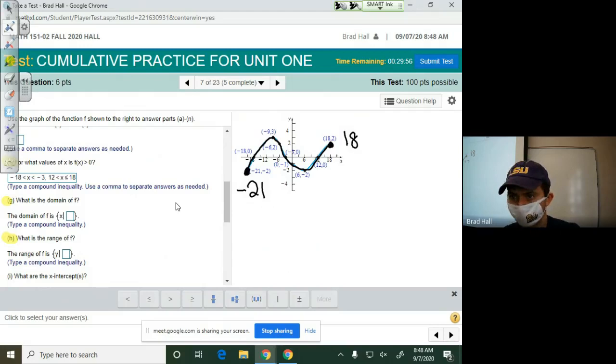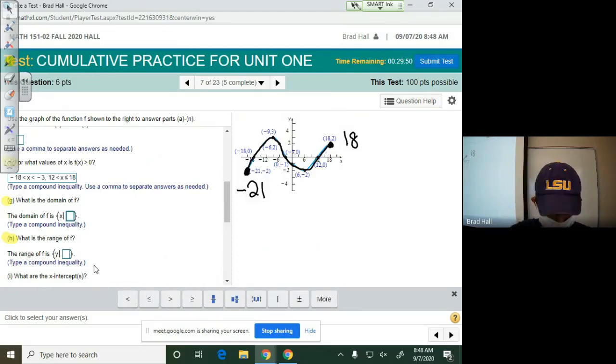Are those points included? Yes, they are. So that's why, and this is still a compound inequality. That's why we would get the domain as negative 21 to 18, both of them included.